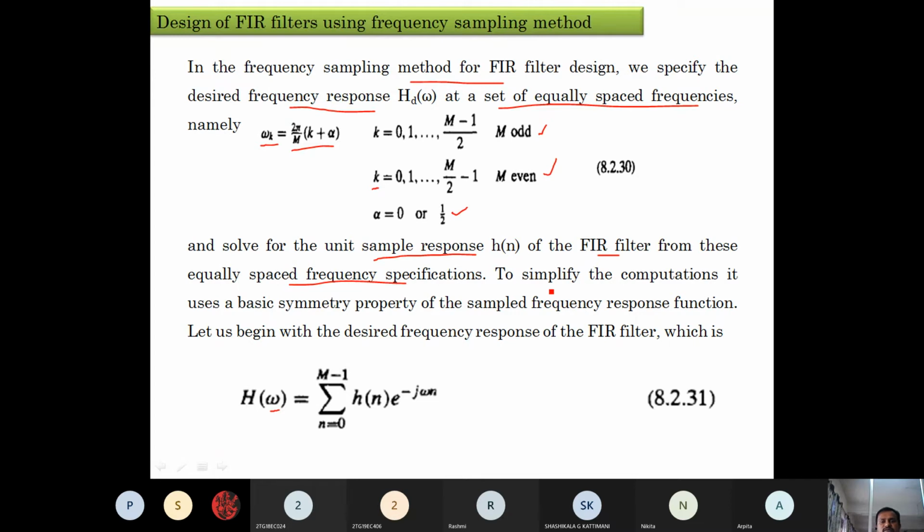To simplify the computation, it uses a basic symmetry property of the sampled frequency response function. So let us begin with the desired frequency response of the FIR filter, which we already know: capital H of omega is the summation n equals 0 to m minus 1 of h of n e to the power minus j omega n.